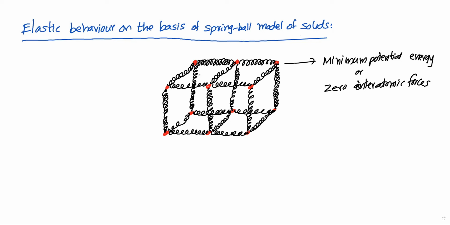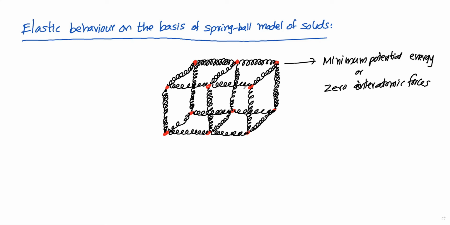Elastic behavior on the basis of the spring ball model of solids. Consider any solid. There are balls, which we marked here in red color. In a solid, mass points or small balls are connected in three-dimensional space through springs. Here the spring represents the interatomic force between two atoms.